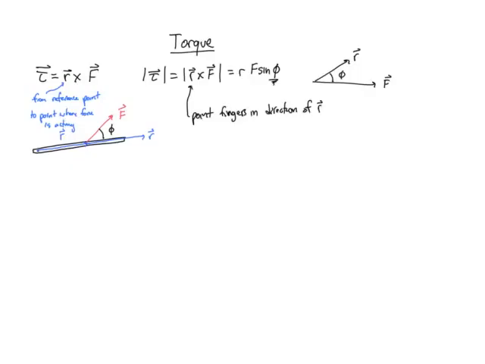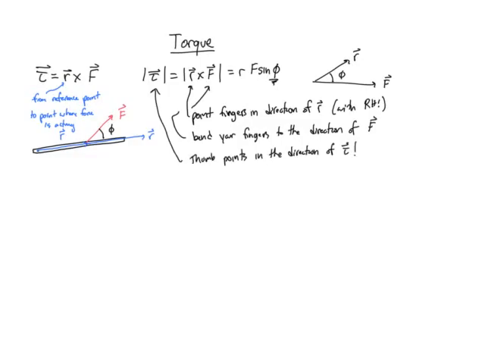Now that doesn't tell us anything about the direction of the torque, but we can use the right-hand rule to determine the direction of the torque. So recall the right-hand rule. First, you point your fingers in the direction of r with your right hand. Then you bend your fingers into the direction of F, and your thumb points in the direction of tau. If I do that with this beam, point my fingers along r, curl my fingers up in the direction of F, my thumb is pointed out of the page.